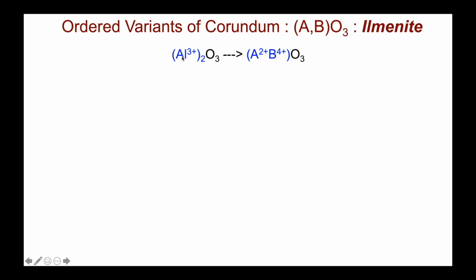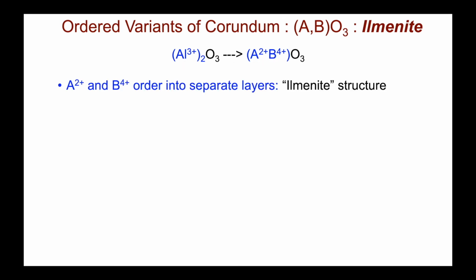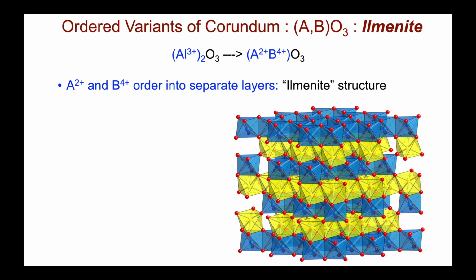So instead of having 2 identical cations, I have 2 different ones. And when I do this, if the 2 cations, A and B in this case, have different valencies, which here they do, and different sizes, they tend to order into separate layers of the corundum structure. And that ordered structure is called ilmenite.